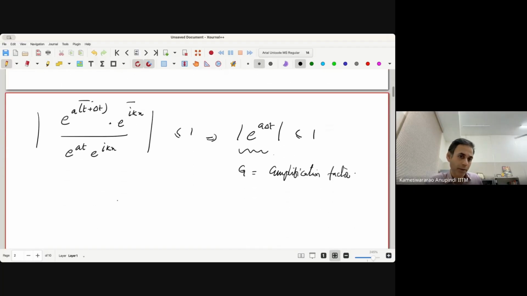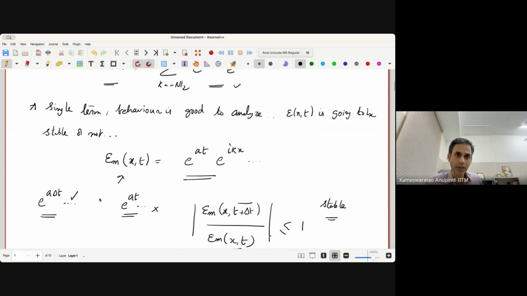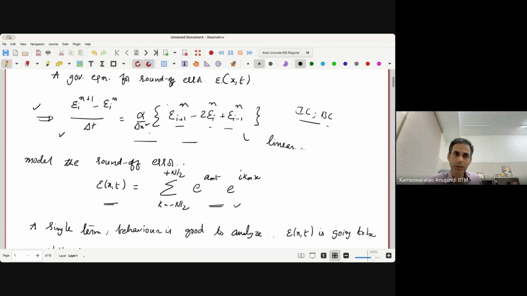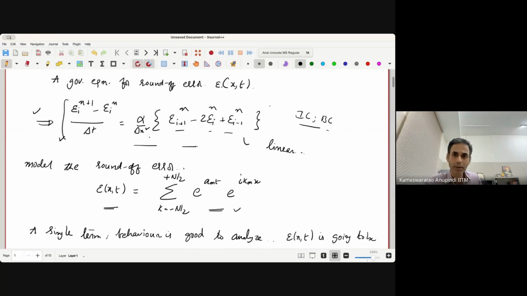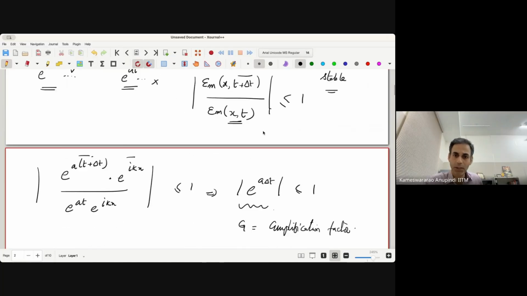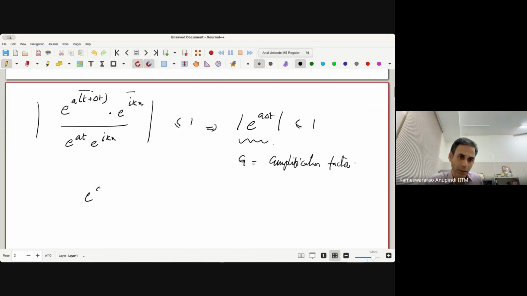Okay, so this is the amplification factor. Now if you substitute for epsilon i plus 1, i minus 1, all these things, what we ended up with in the last lecture was e to the power a delta t equal to 1 minus 4r sine square theta by 2. Somebody can correct me if this is incorrect. Here theta equals k times delta x.